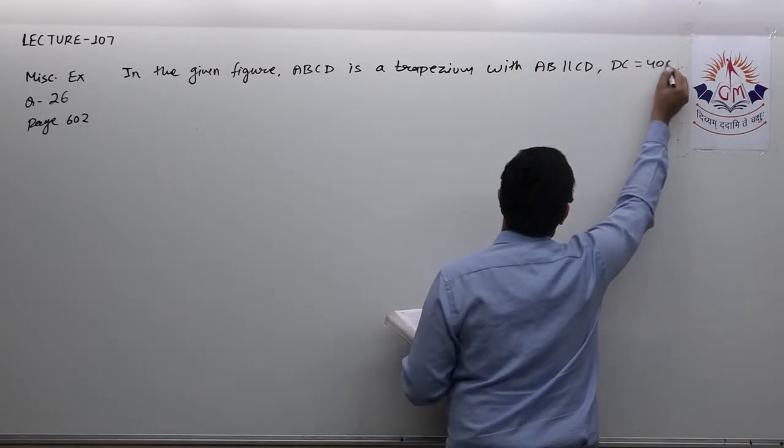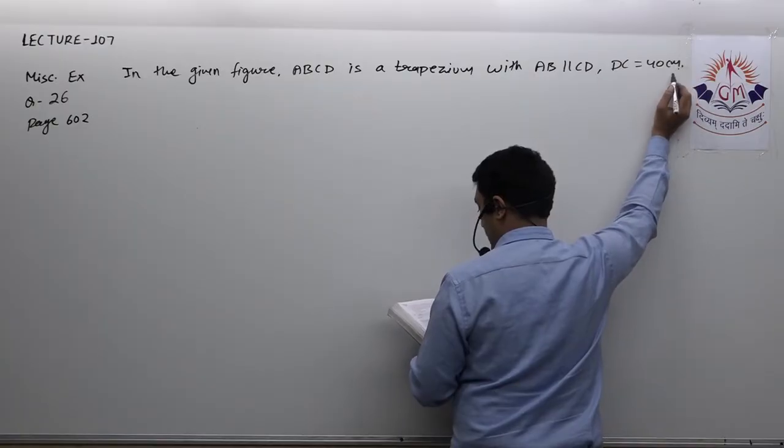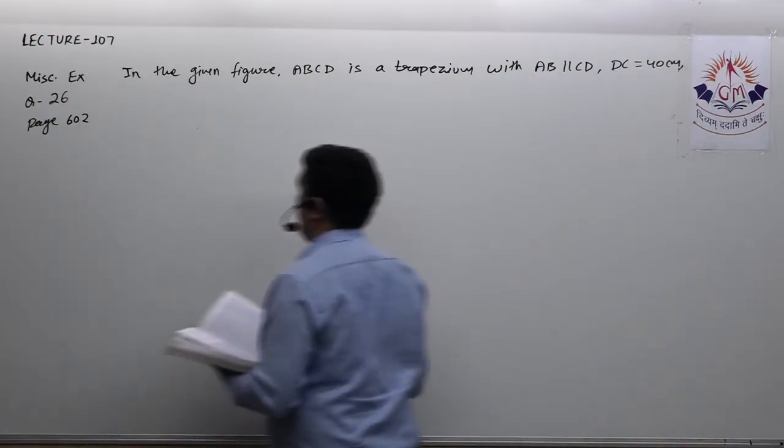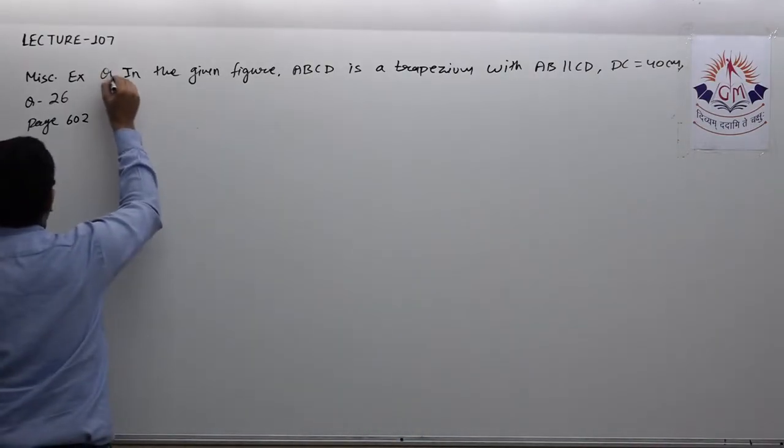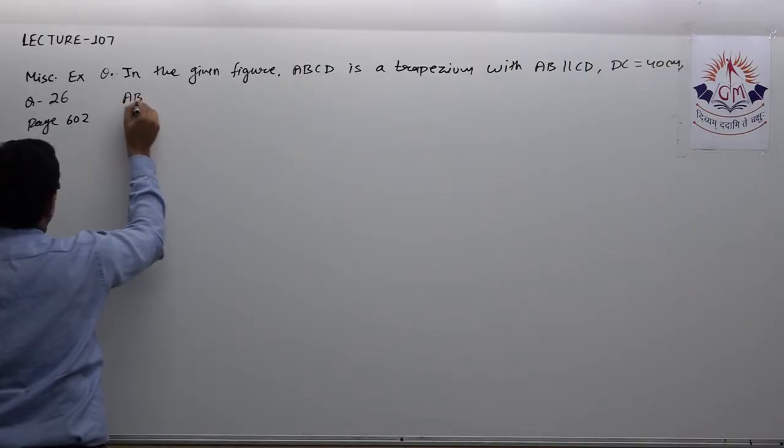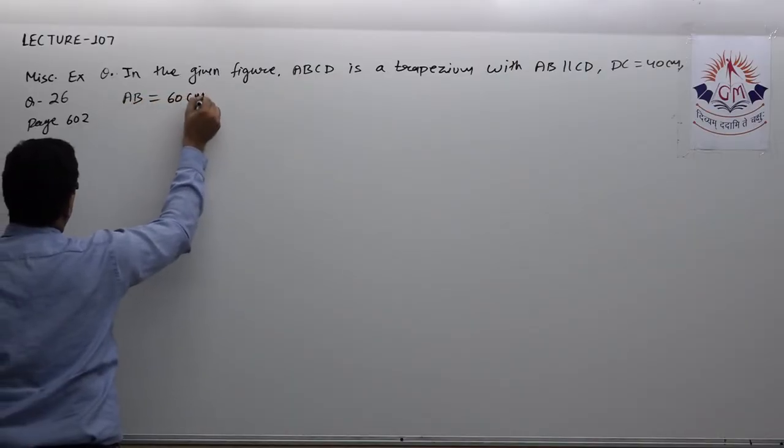DC is equal to 40 centimeter. AB is equal to 60 centimeter.